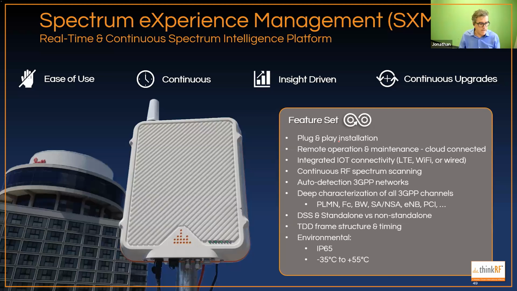For example, just last week, all of the nodes around the world were updated to characterize whether a 5G channel is standalone or non-standalone. All the nodes out there are now doing that. All the nodes last week were also updated to start scanning for 3G networks. So over time, these nodes actually get better and better.